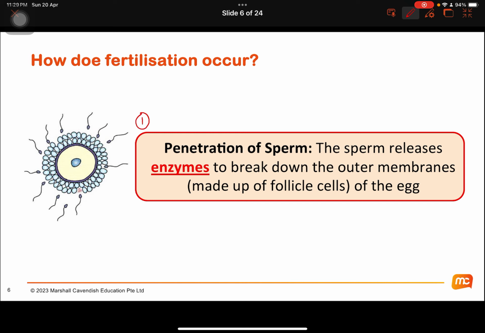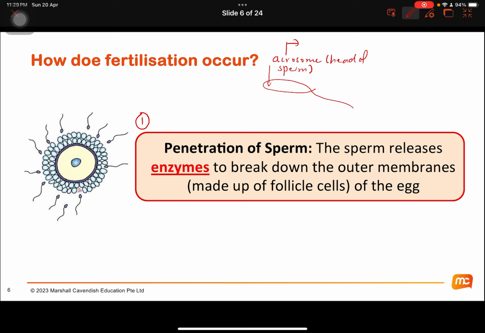So in this sperm, the sperm contains enzymes to break down the outer membrane of the egg, and this is found in the acrosome, which is the head of the sperm.